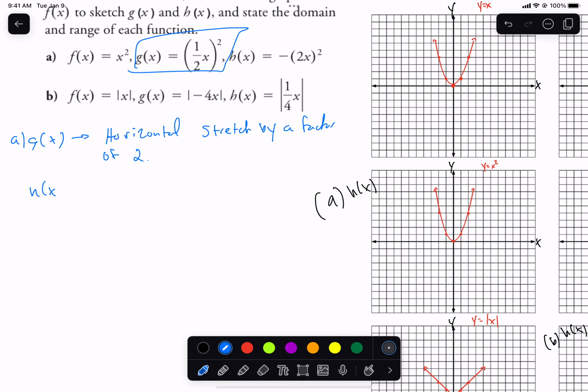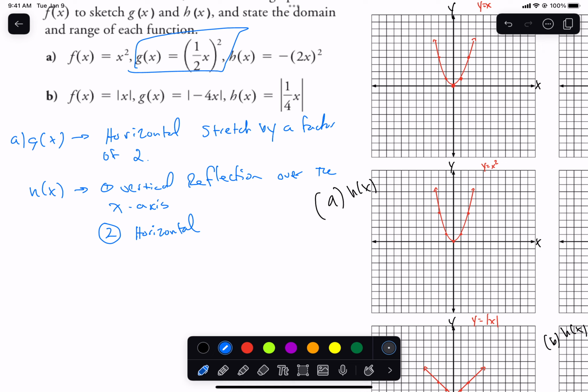Now h of x has 2 transformations on it. The first one is a vertical reflection over the x-axis. And the second transformation that I see, again, it's on the inside, so I'm going to write down the word horizontal because it's on the inside, and it's always opposite.